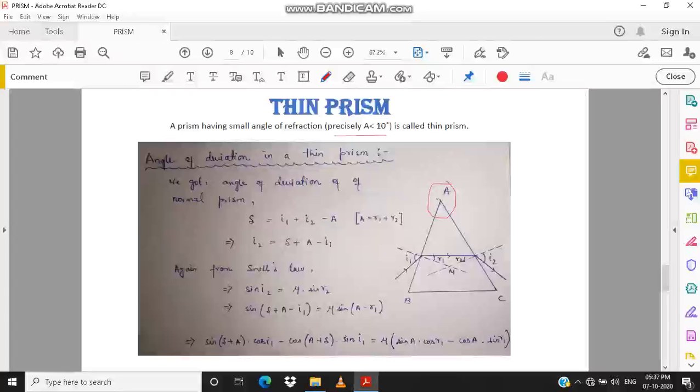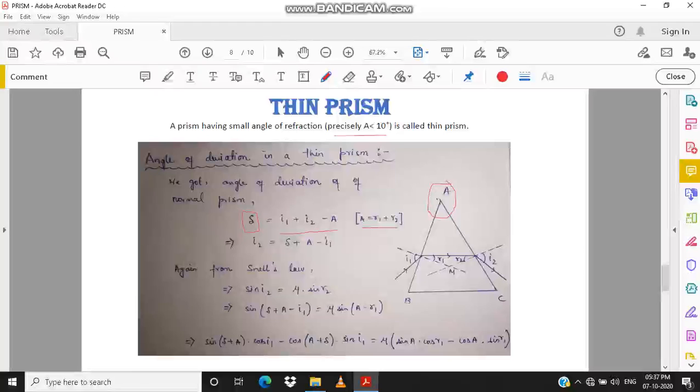Now we will be seeing the angle of deviation. What happens to the angle of deviation in a thin prism? We will be calculating del. We already know that del is equals to I1 plus I2 minus A. And we also know that angle of the prism is A equal to R1 plus R2.